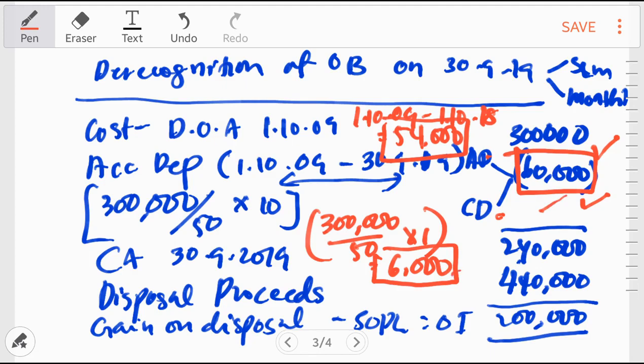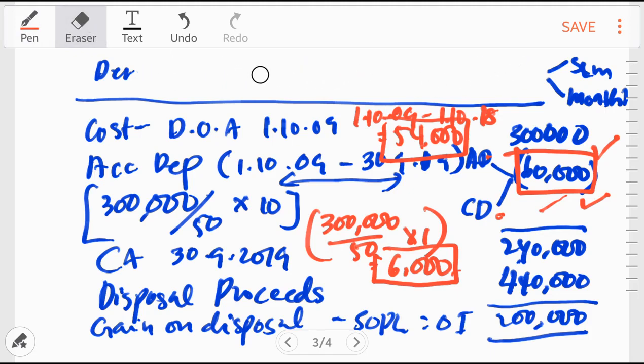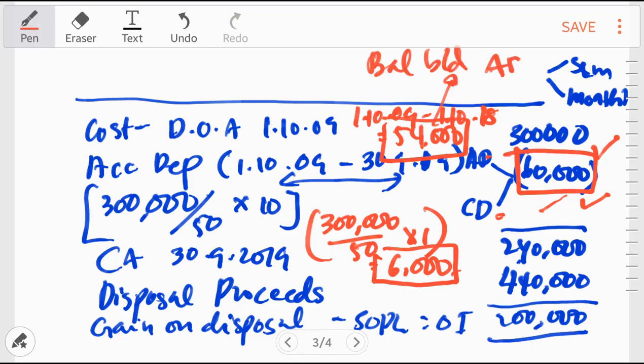That 54,000 is the figure that will be your beginning balance in your accumulated depreciation section, whereas this 300,000 will be the beginning balance in your cost section.